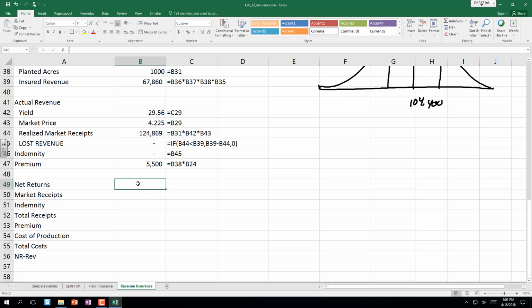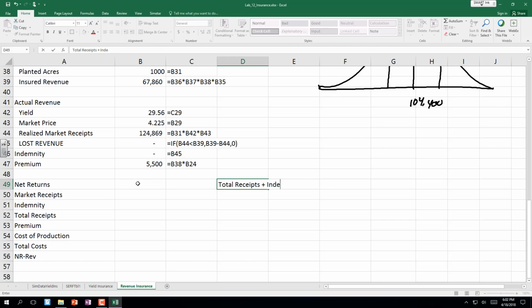I'm going to have total revenue. Okay, let's make a note over here what it's supposed to be. It should be total receipts plus the indemnity minus the premium minus the cost of production.